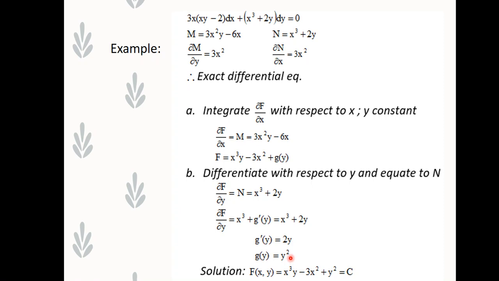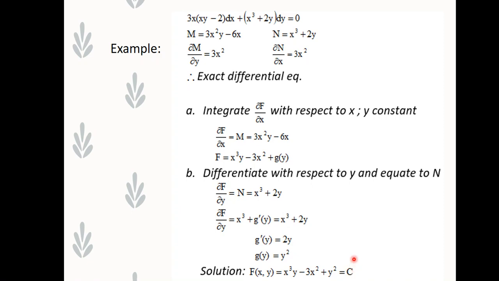This tells you, class, that the g of y that appears in the first procedure that you have done is actually having a value of y squared, or is equal rather to y squared. So, the solution of your DE now will be this x cubed y minus 3x squared plus the g of y which you have determined here. Again, the constant of integration c is written on the right side.